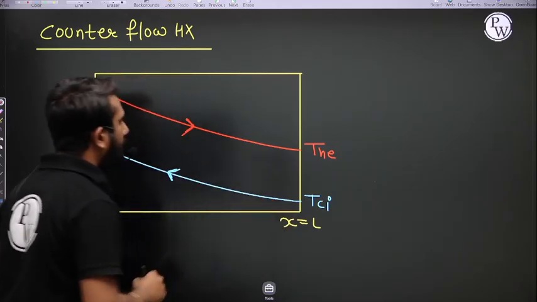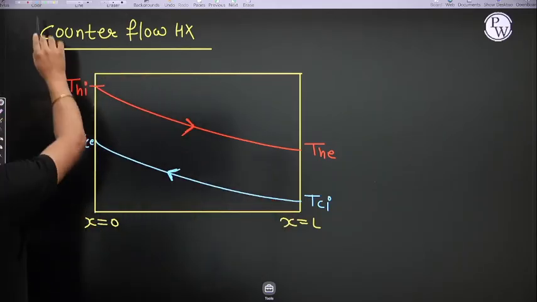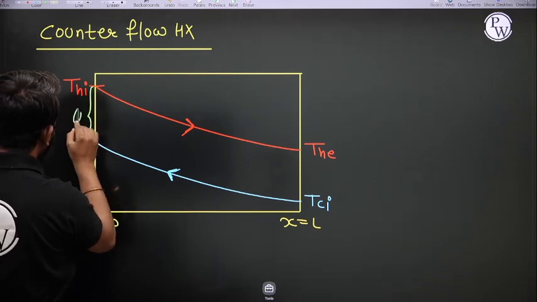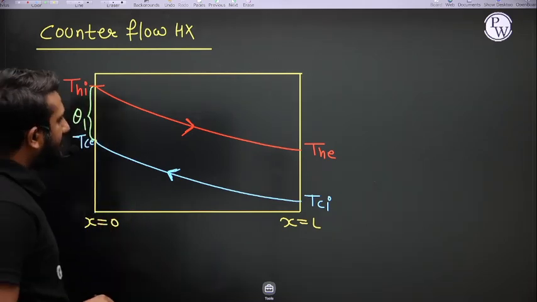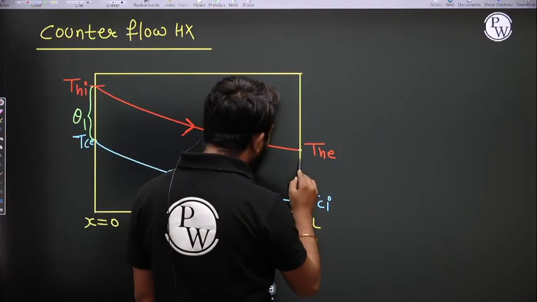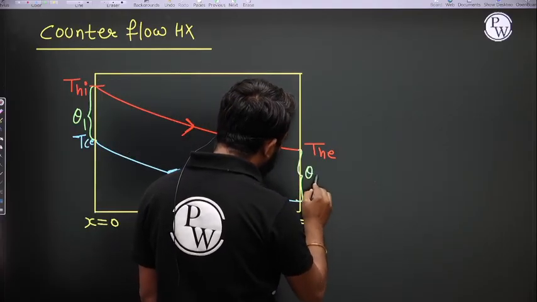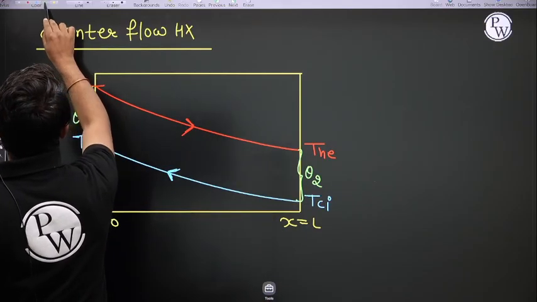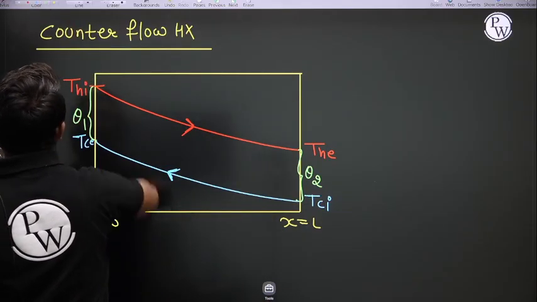At x is equal to 0, the temperature difference is theta 1. And at x is equal to L, the temperature difference between the hot fluid and the cold fluid is theta 2. So find the LMTD.